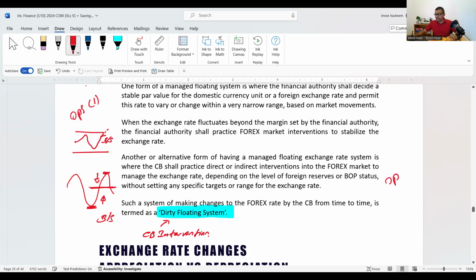We call this option 2. These are the two ways in which we can have a managed floating system. In Sri Lanka, we have had both. Sometimes the central bank directly interferes, so it's a dirty floating system.